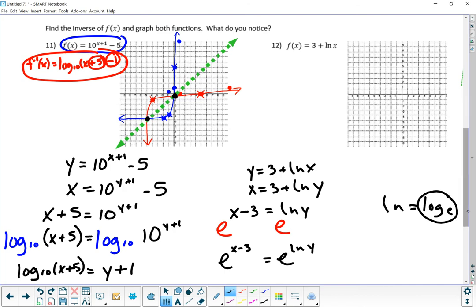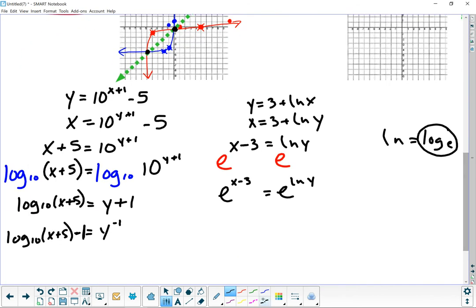So one of our properties says that if we have a to the power of log base a of y, that's going to cancel out, and we'll be left with just the y, or whatever is at the argument location.